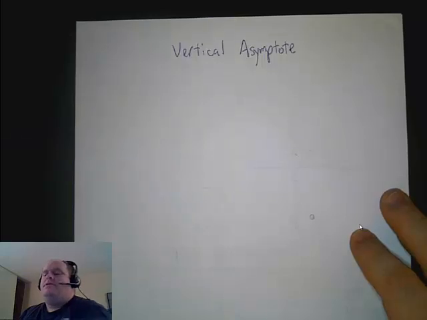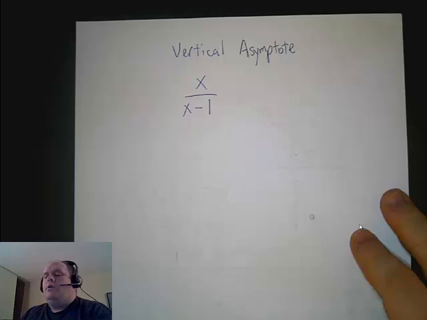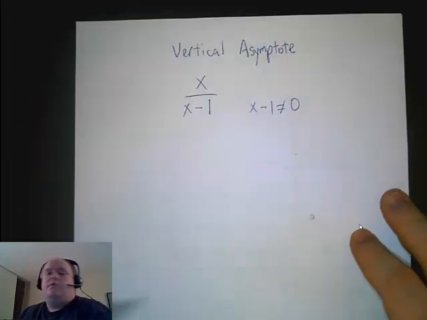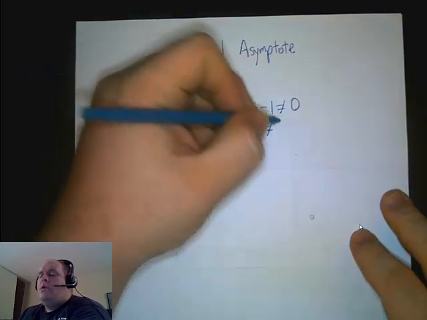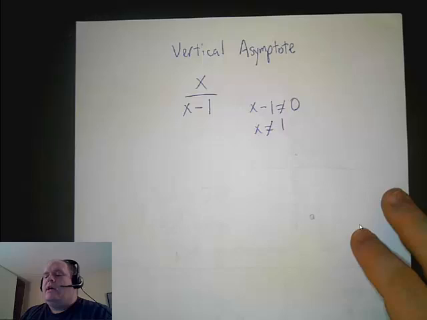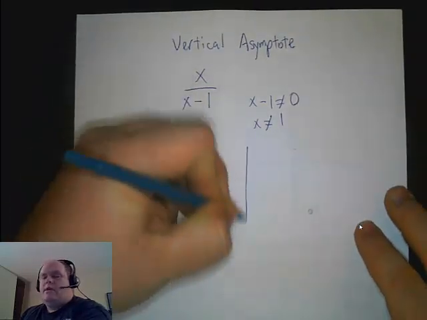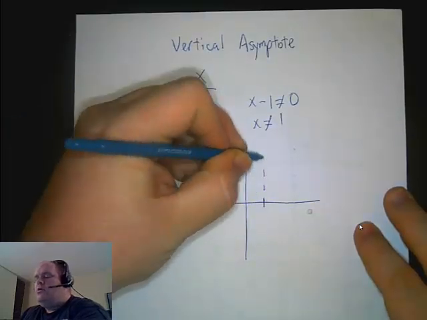So if I had something like just a basic function, x over x minus 1, well, what value would make the denominator 0? Well, if I said x minus 1 cannot equal 0, then solving it would give us x cannot equal 1. So that's where the vertical asymptote would occur for this particular graph. So if I graphed it, we're going to have a vertical asymptote at 1.